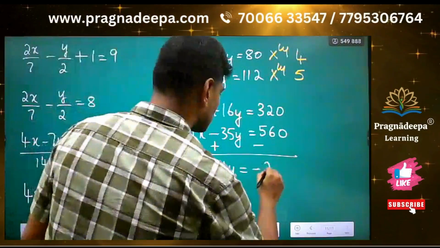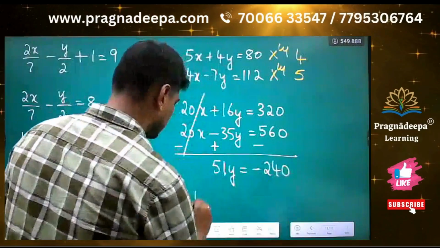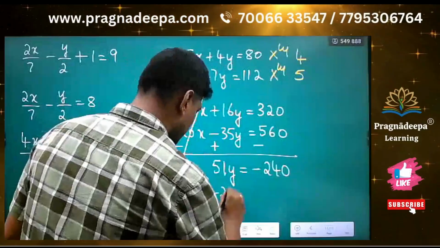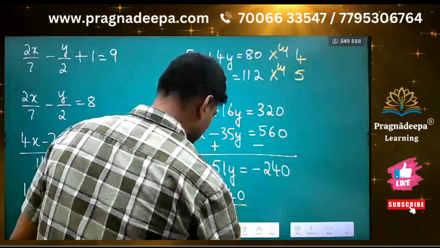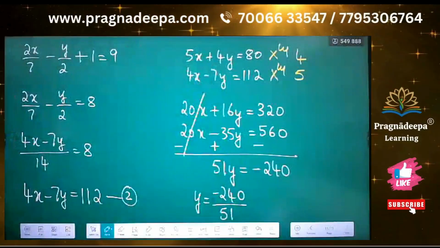Minus 240. Therefore, what is y? Minus 240 by 51. See, I am choosing a problem which gives some fractions. If you can understand these types of problems, then if you get integer answers, it should be easy for you.